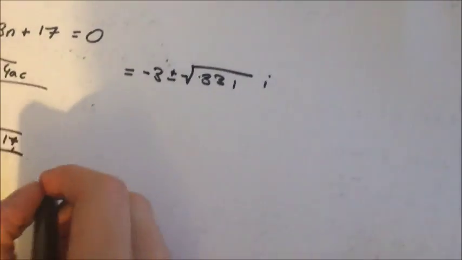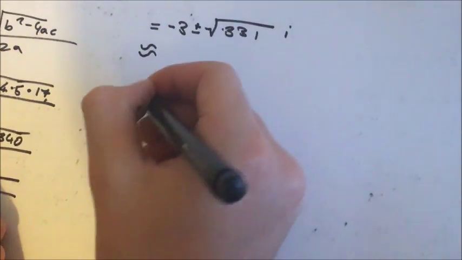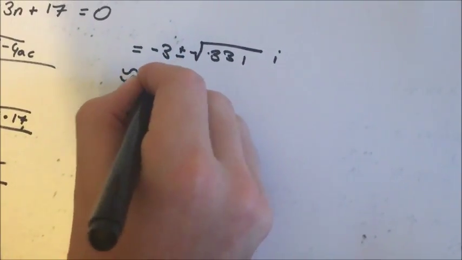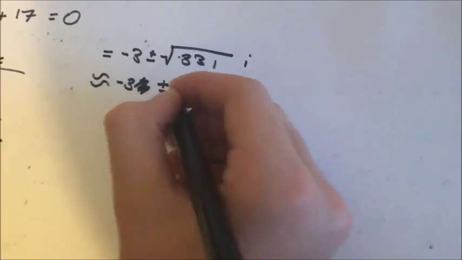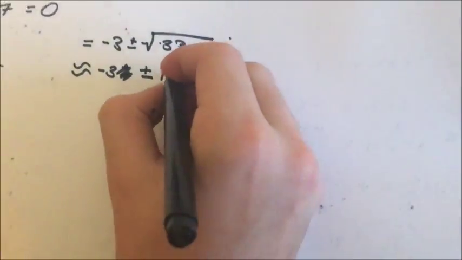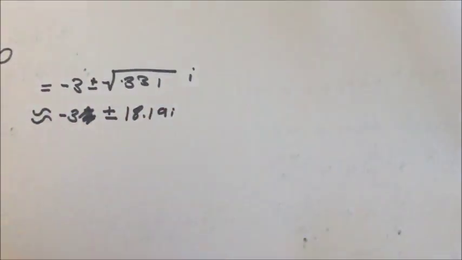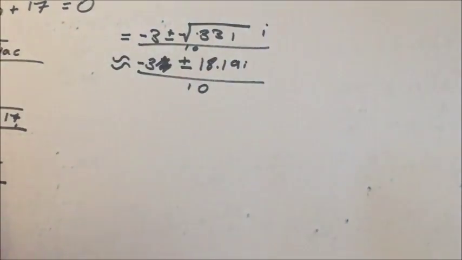So that's roughly 18.19. So let's have some curly equal signs to say that it's not exact. We really should have planned this in advance, actually. So, 18.19i. Oh, that should be over 10, and that should be over 10.